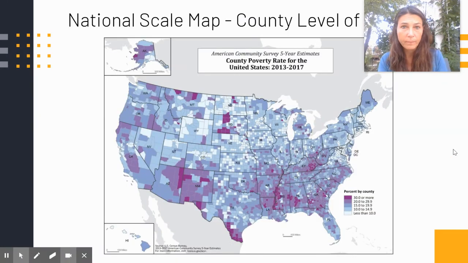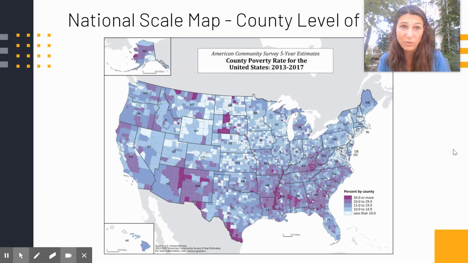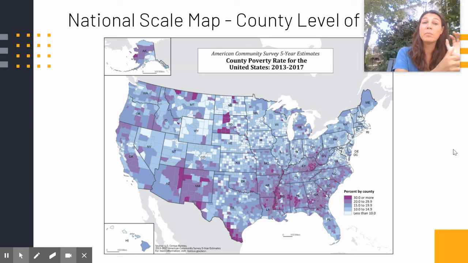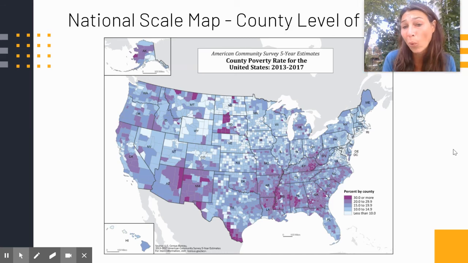We can go even further and we can look at the same phenomenon, again poverty, but now from the county level. So, same scale, national, but now we're doing county level of analysis, and then you get even more details.